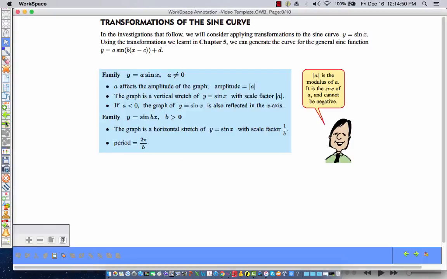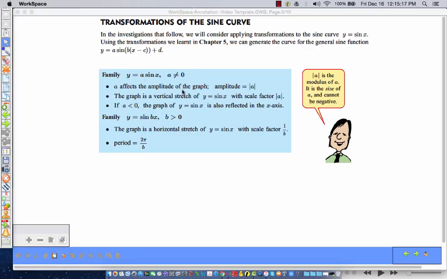Let's talk about transformations. The general form of the sine function is the coefficient a, then sine of b times x minus c, plus d. The a and the b affect the stretching, just like in any other function. The c is the horizontal shift, and d is the vertical shift.